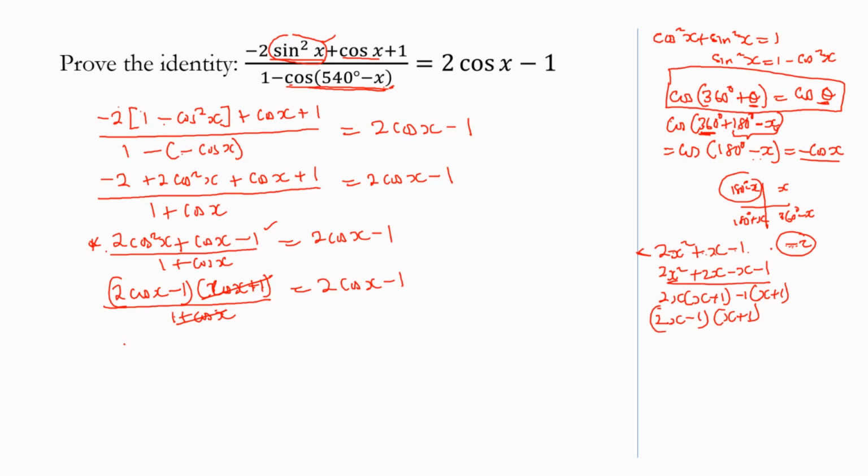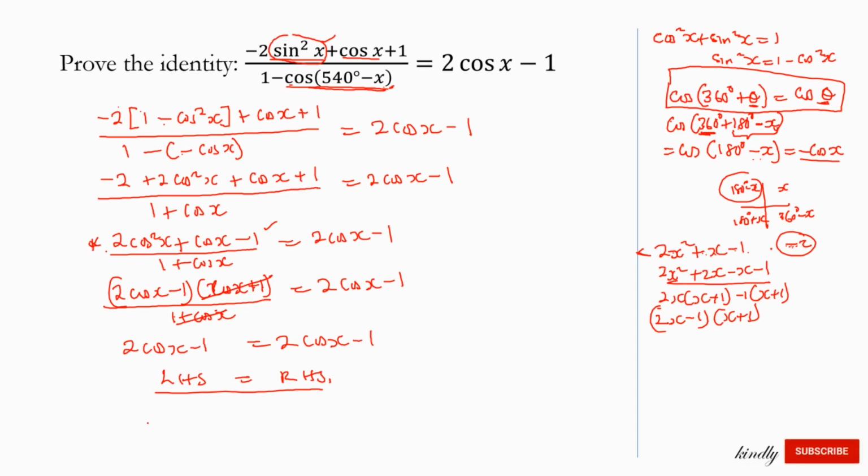We remain with 2 cos x minus 1 is equal to 2 cos x minus 1. We have proved that the left hand side is equal to the right hand side. Okay, done. So that's what you're supposed to do there. We're going to meet when we do question 5.3.1.